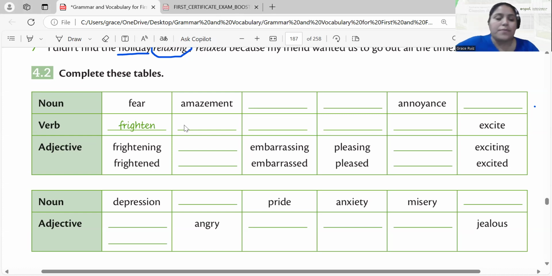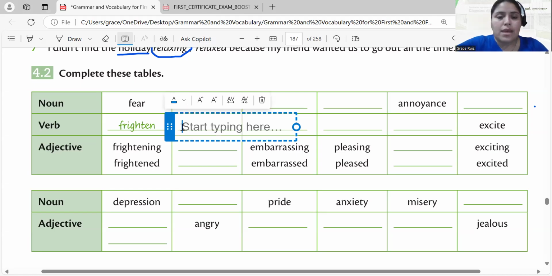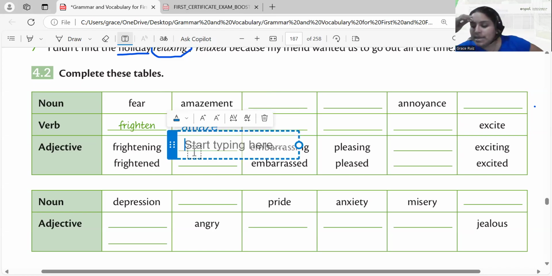So here the verb will be amaze. And of course, we're gonna write it here. Amaze. Now the adjective, of course, it would be amazing or amazed, right?